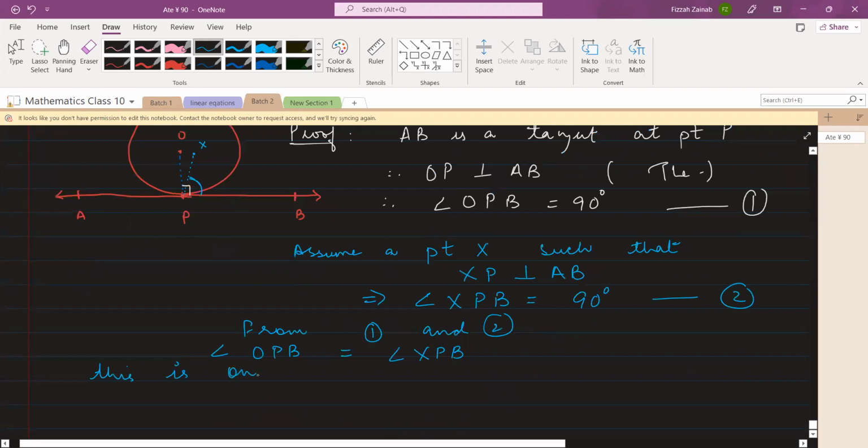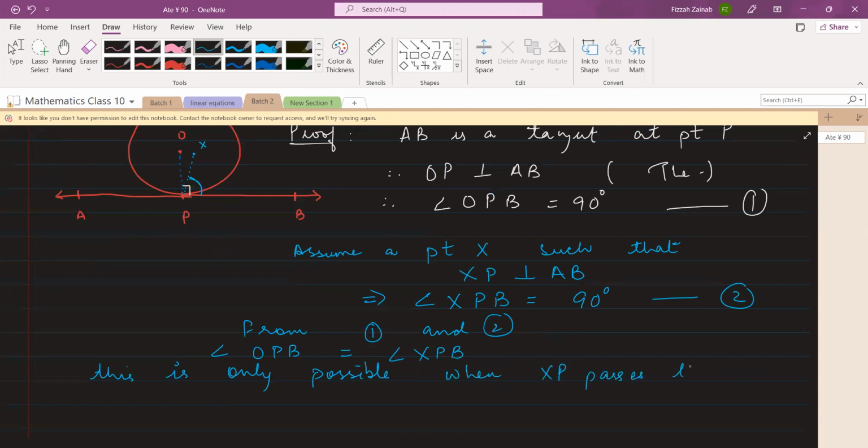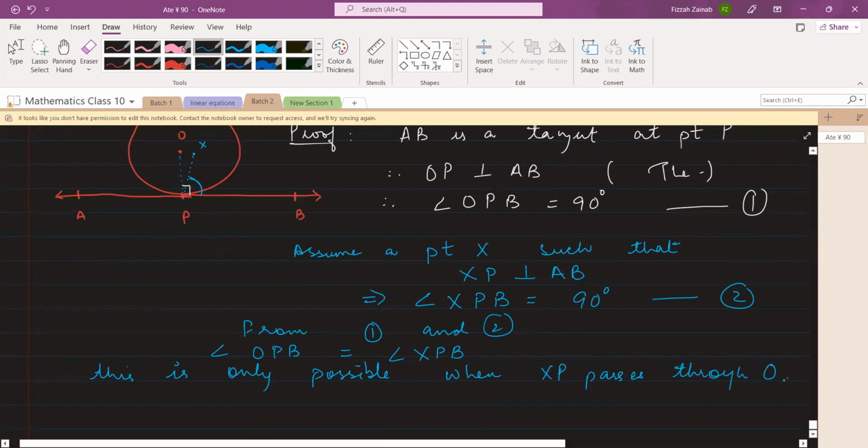This is only possible when XP passes through O. Understood?